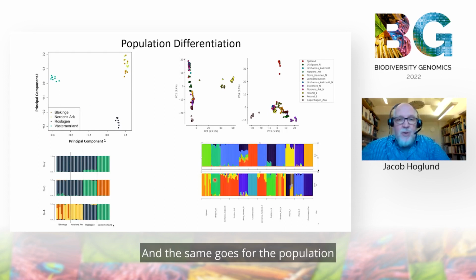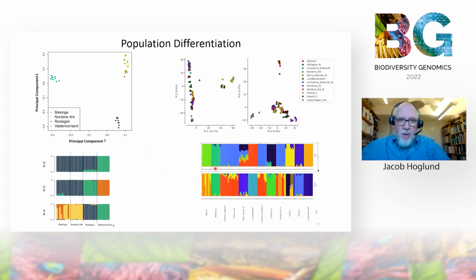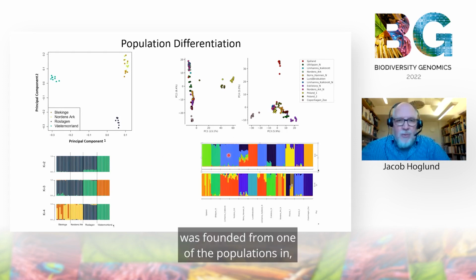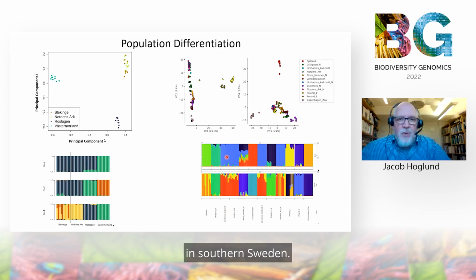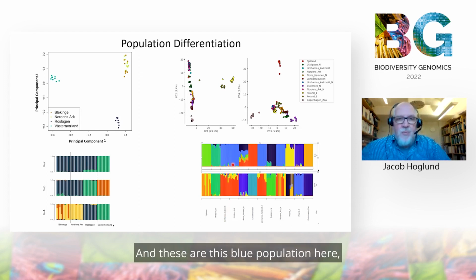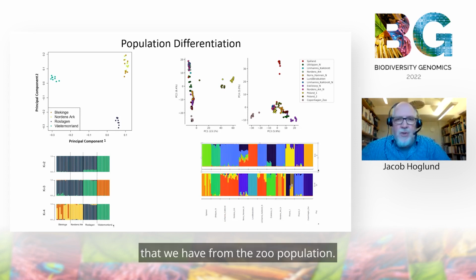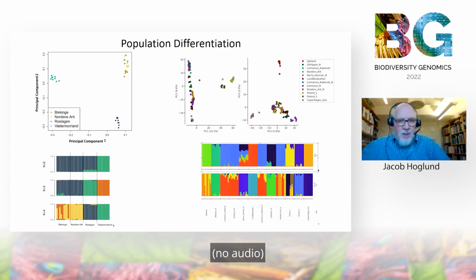And the same goes for the toad species, where the zoo population was founded from one of the populations in southern Sweden, and this is this blue population here, which is similar to the two samples that we have from the zoo population.